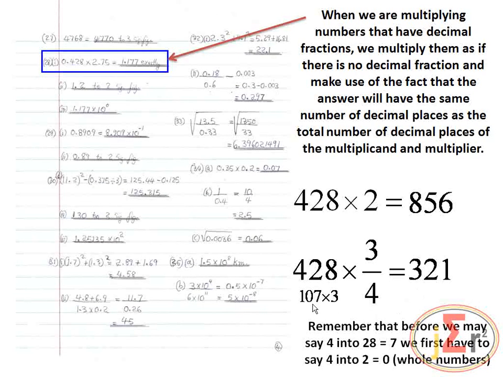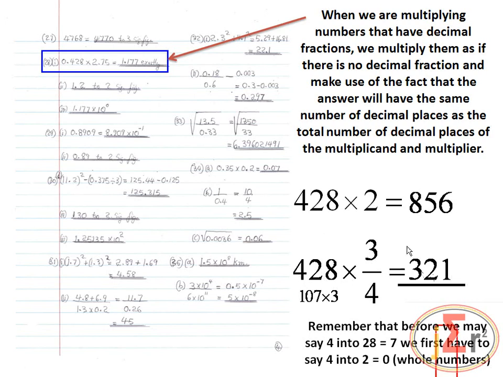It's not difficult to see that 107 times 3 is equal to 321. And what do we do? Well, surely the same thing that we said initially that we would do: find 2 times 428, and then find 3/4 of 428, and then add the two.